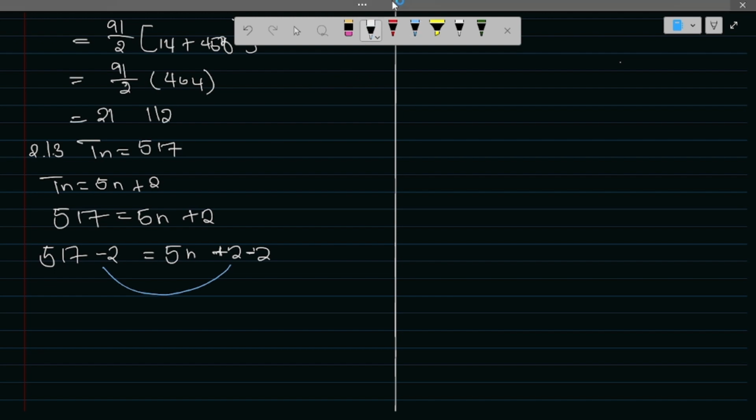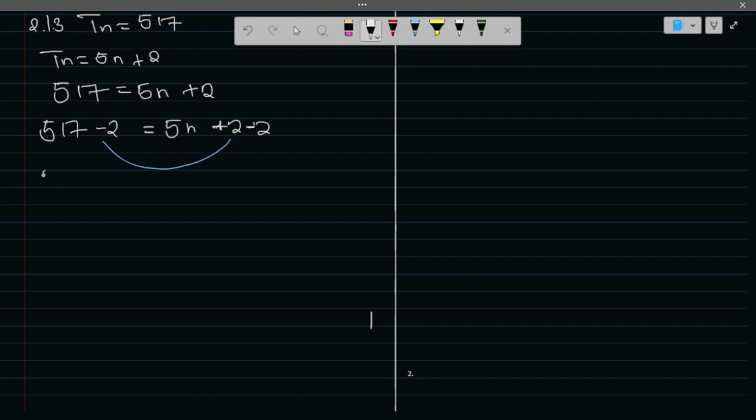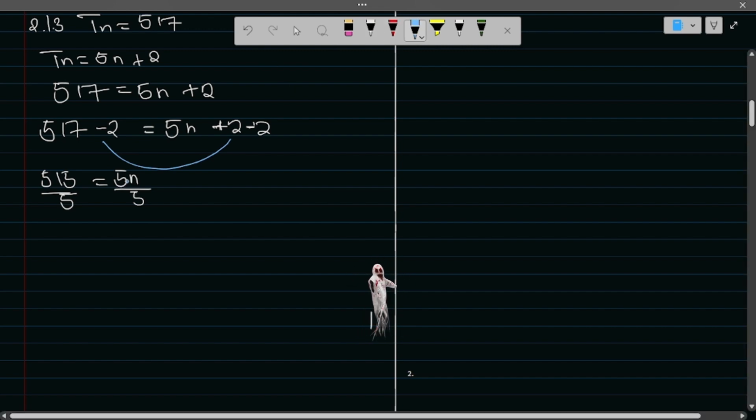So now you're going to be left with 515 is equal to 5n, divided by 5 because you're looking for the value of n.